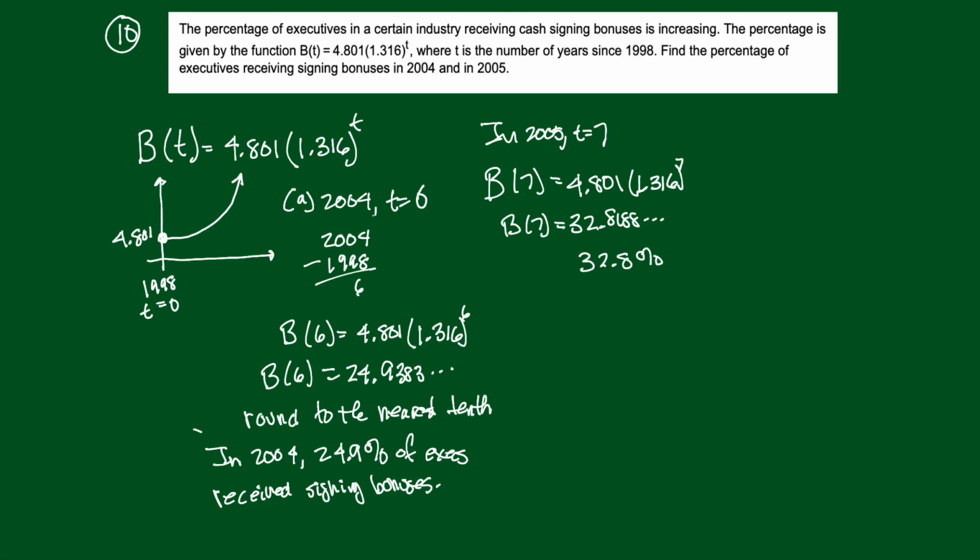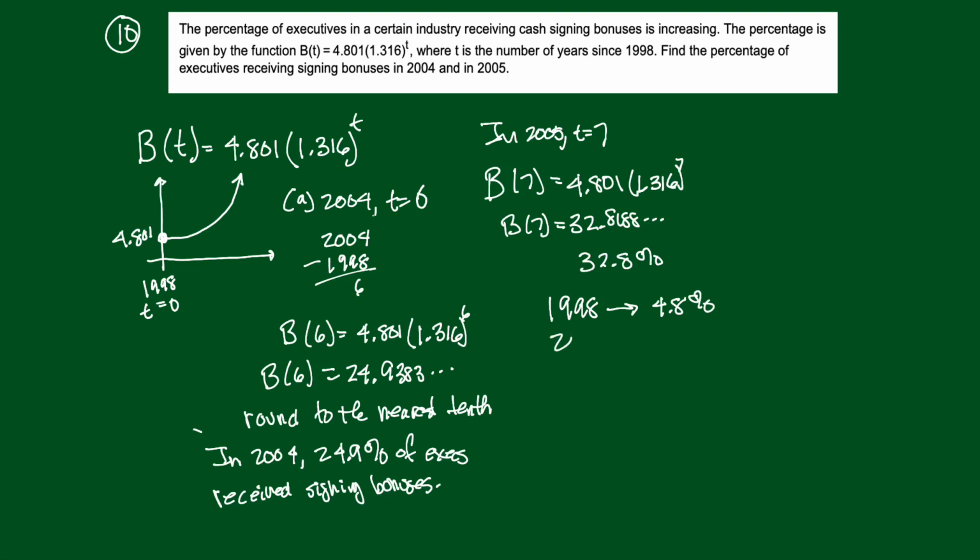If I wrote the whole thing out, it would say in 2005, 32.8% of all executives received a signing bonus. So look at that jump. In 1998, the start value was 4.8%.